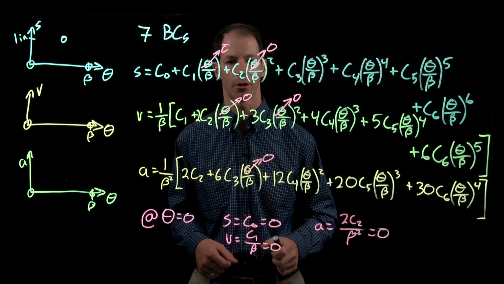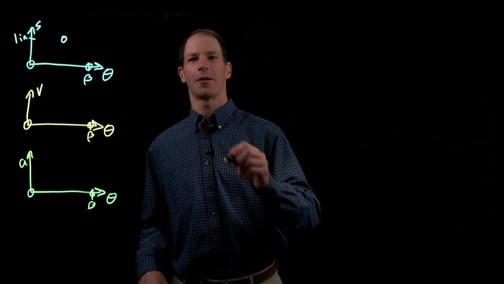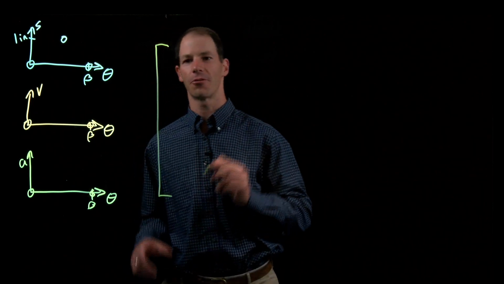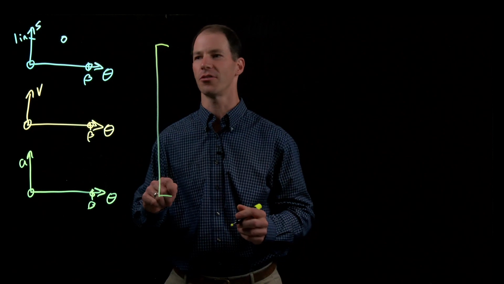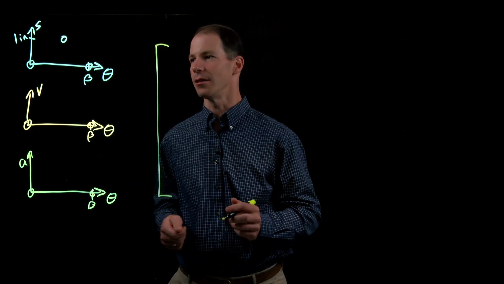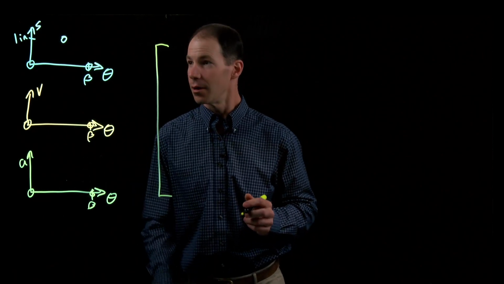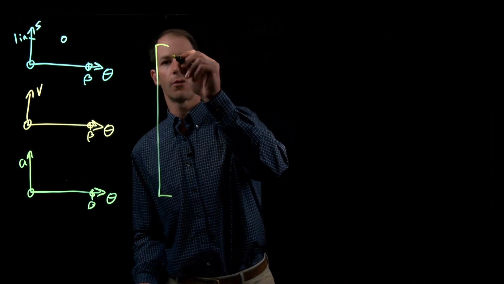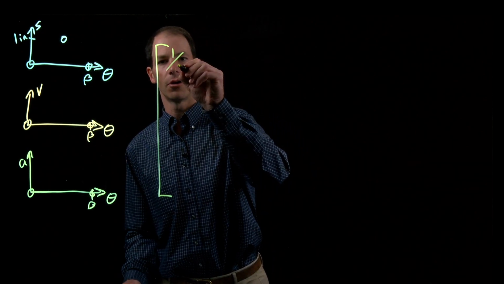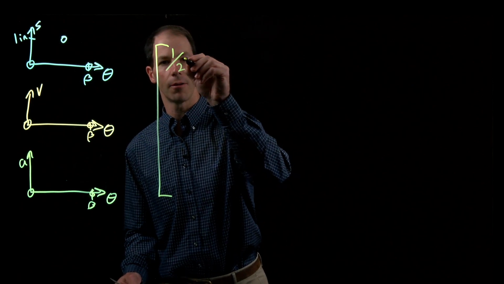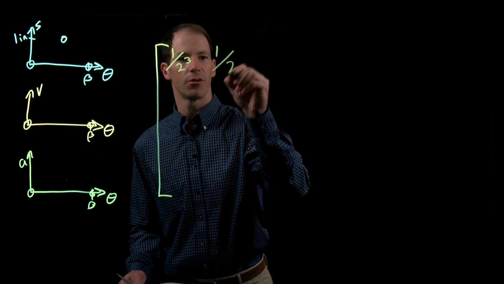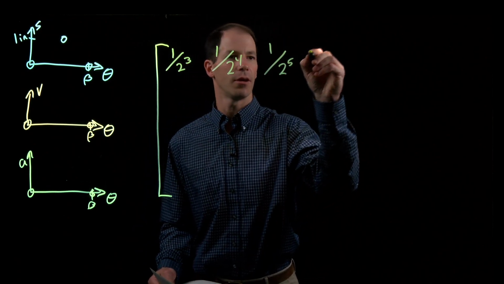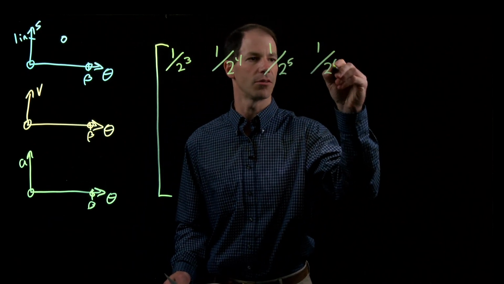So let's set up the matrix here. The matrix format that I'm going to set up for the last 4 boundary conditions is going to look like this, where first of all I'm going to tackle that intermediate position node where I've got a lift of 1 inch in this case. The way I will do that is, first of all, for the position I get 1 over 2 to the 3rd power, 1 over 2 to the 4th, 1 over 2 to the 5th, and 1 over 2 to the 6th.